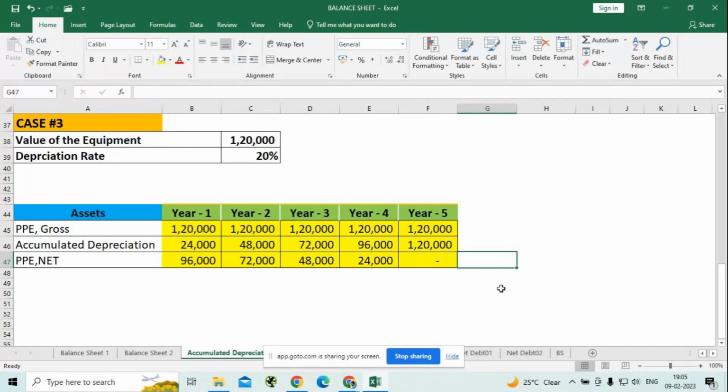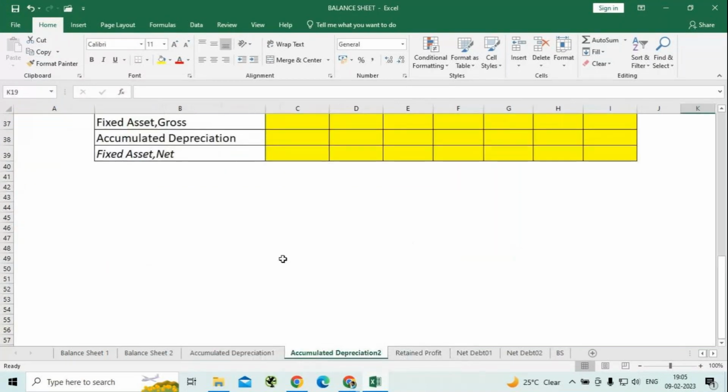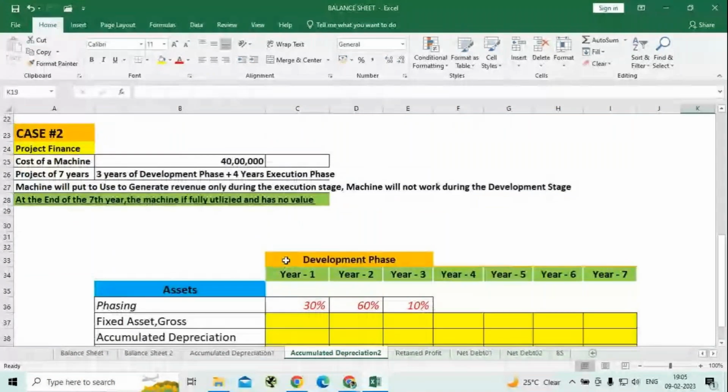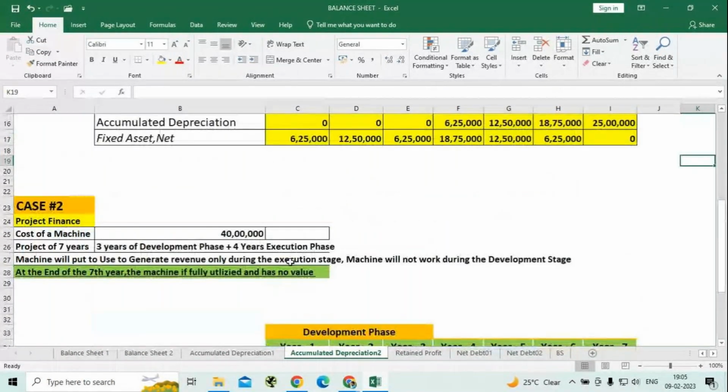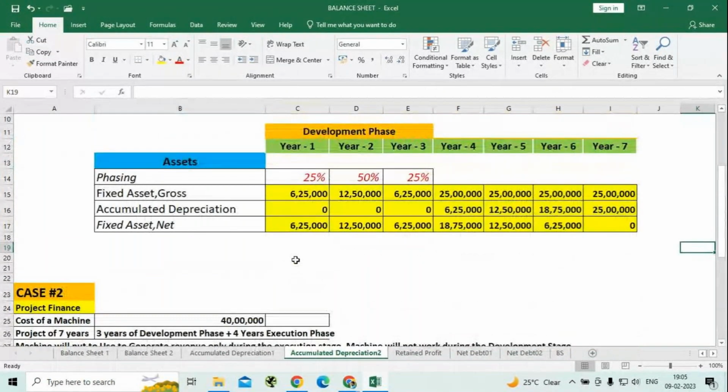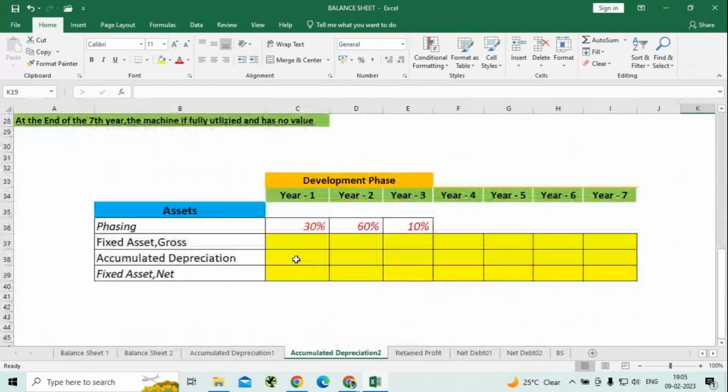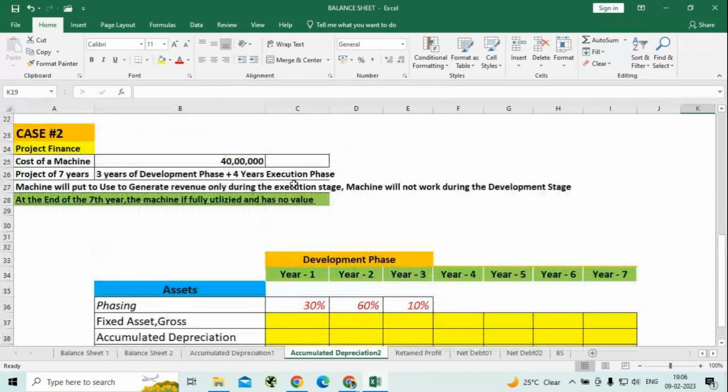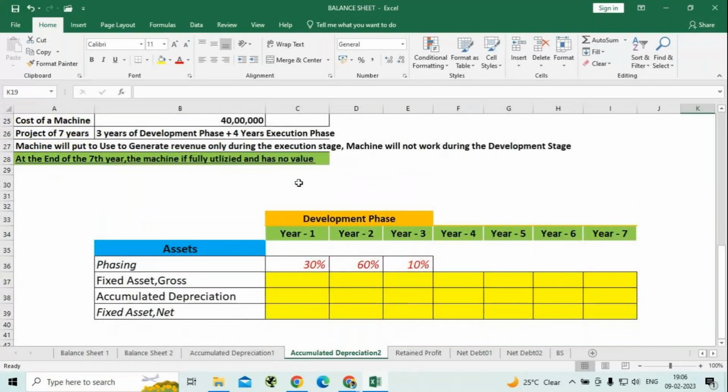So the next thing is, there are cases where you will have development phases. So here it says the cost of a machine you are going to use for your manufacturing.